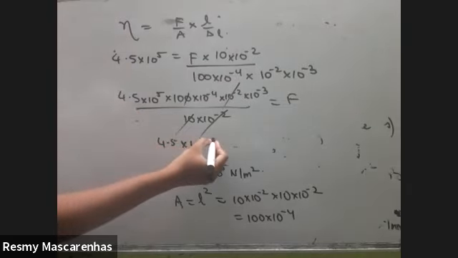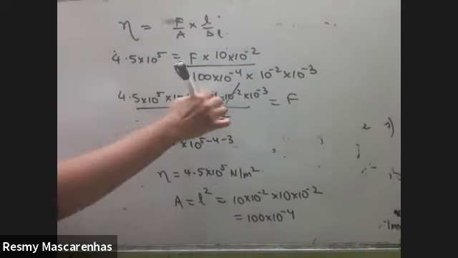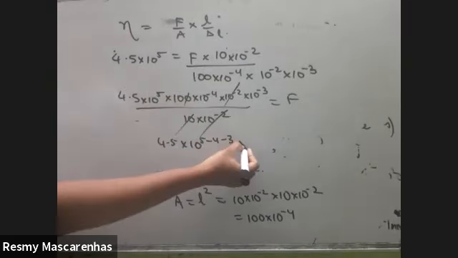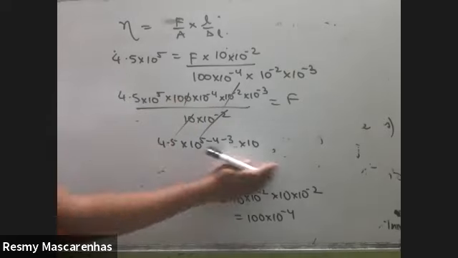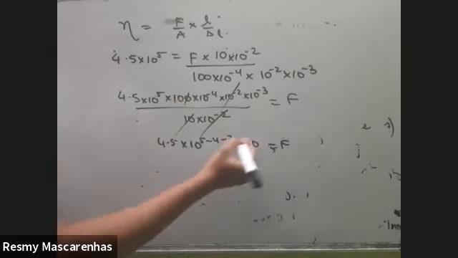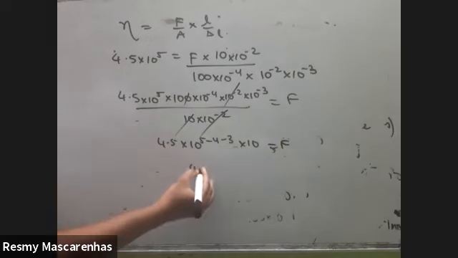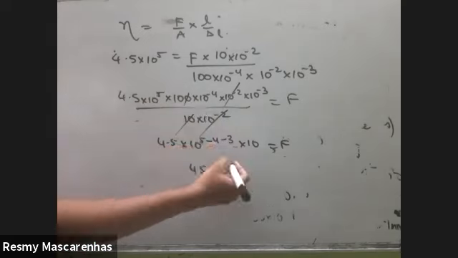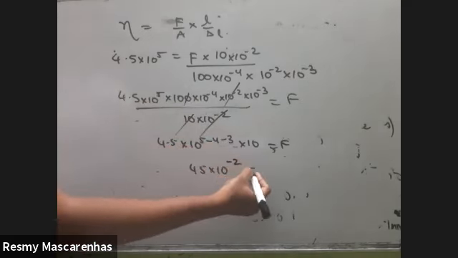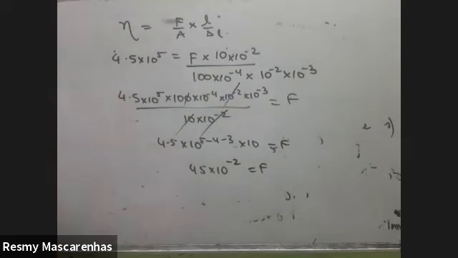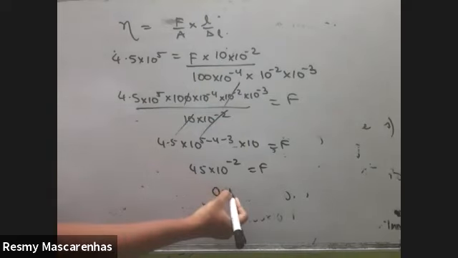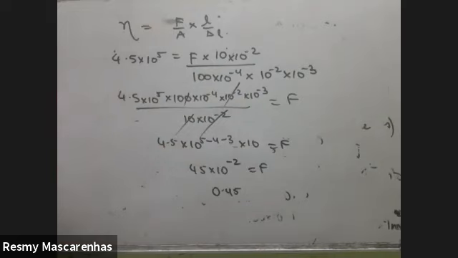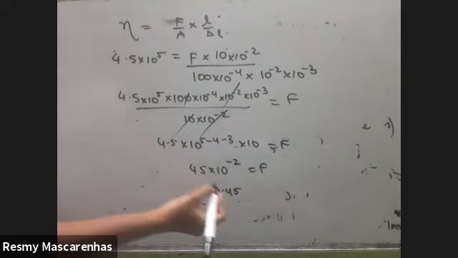Four point five into 10 raised to 5 minus 4 minus 3, and this 10 is, 45 into 10 raised to... Newton.